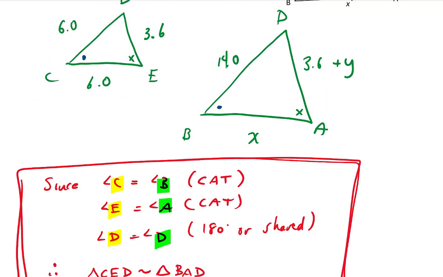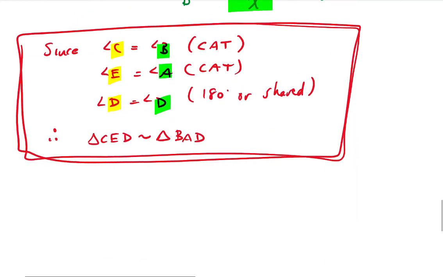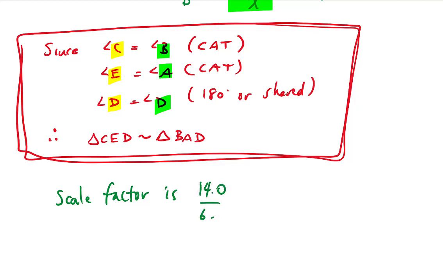So let's start with x. We want to figure out what x is. Well, first let's figure the scale factor. This time we're going from the small triangle here to the big triangle here. So the scale factor is going to be 14 divided by 6. So the scale factor is 14 divided by 6.